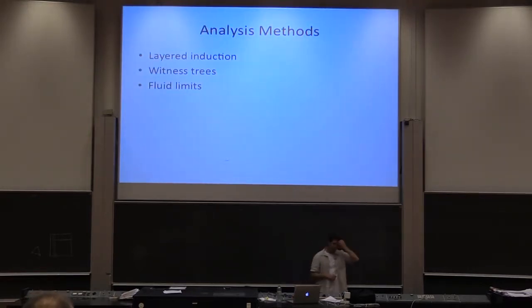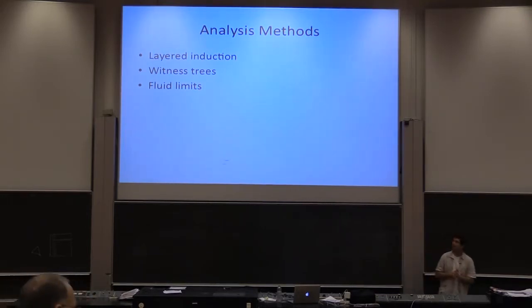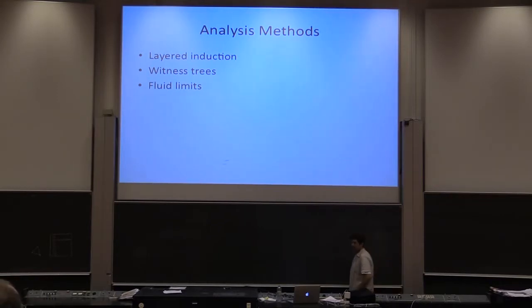So how do we analyze these sorts of schemes? There are actually multiple methods in the literature. There's what I call a layered induction approach, where you inductively bound the fraction of bins with load at least 1, at least 2, at least 3, and so on.